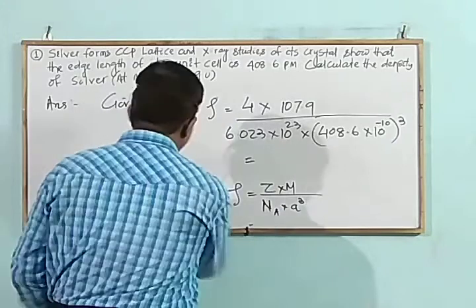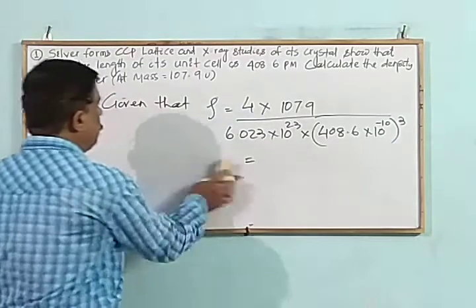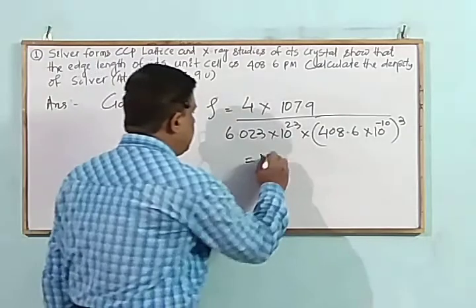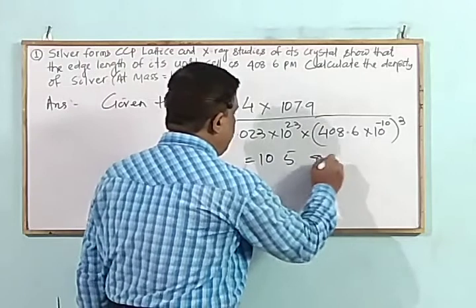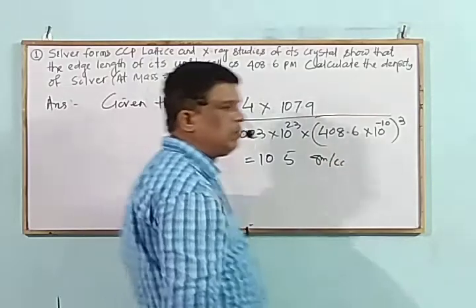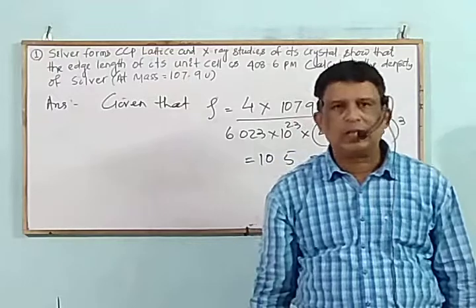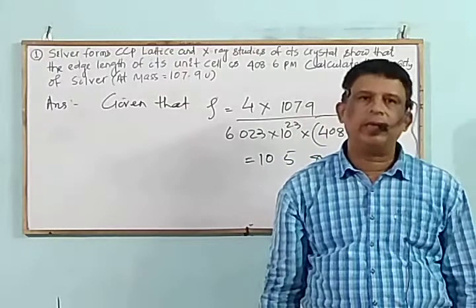Mark that. On solving this, the nearest value is 10.5 gram per cc. It is a little idea about the calculation of density of a unit cell.